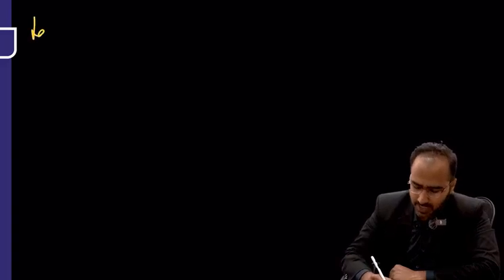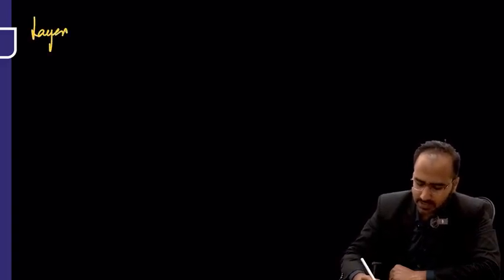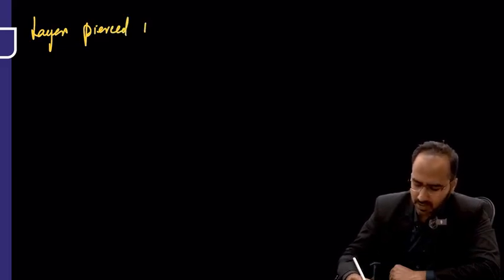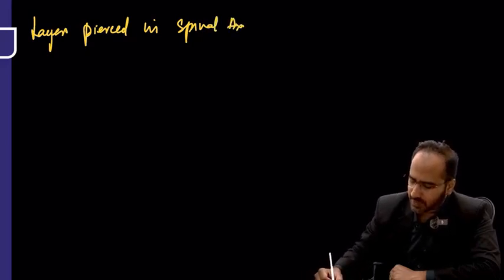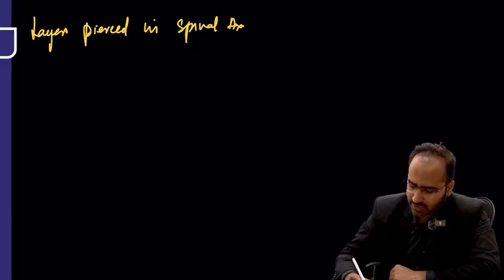Now, the most important thing in spinal anesthesia is what? As you are introducing the needle from the skin, what are the layers pierced? This is very important, guys. Layers pierced in spinal anesthesia. The first layer to be pierced is the skin.